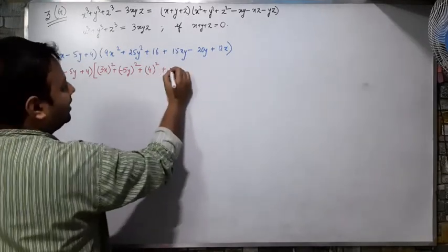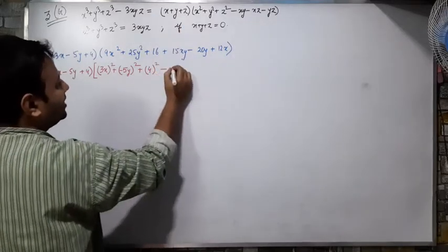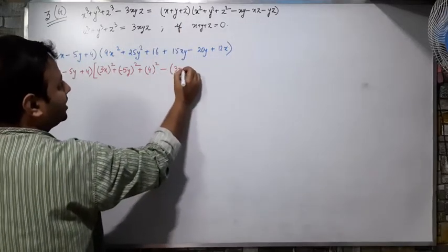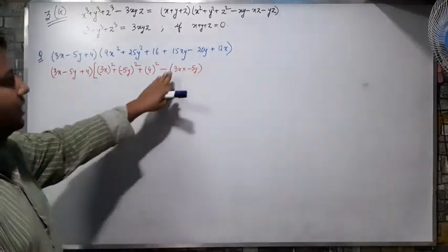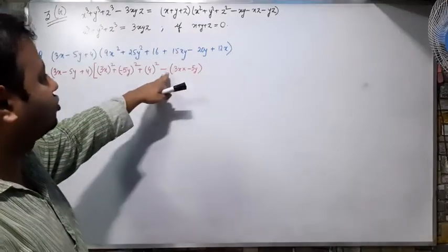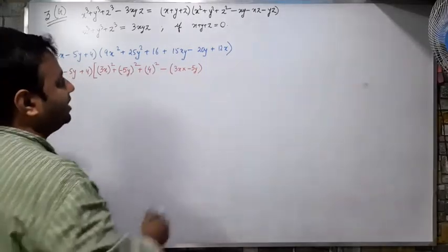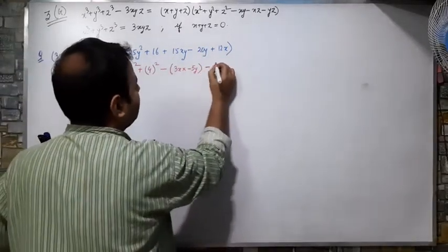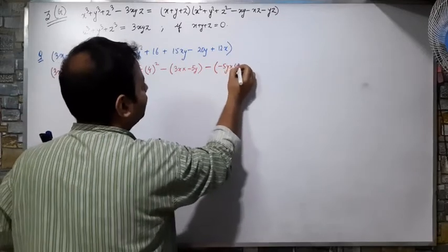Then I have to put a negative sign. So I will write a minus of 3x into minus 5y. So see, 3x into minus 5y is minus 15xy, but there is already a negative, so negative will be positive, plus 15xy. This I will write as minus 5y into 4.